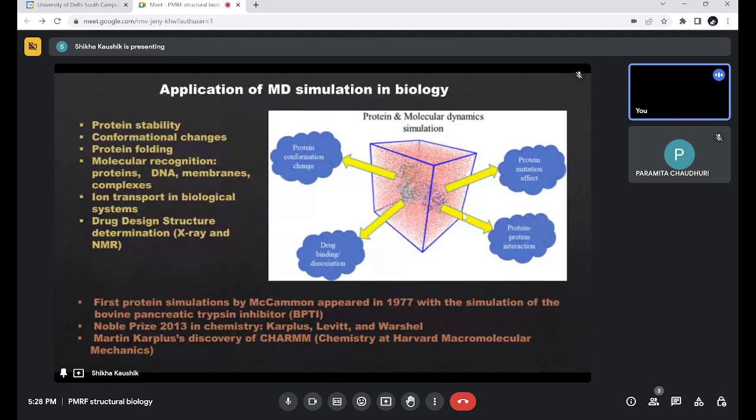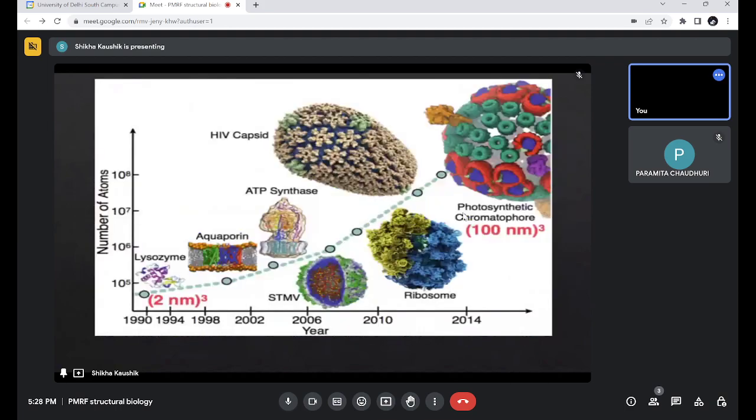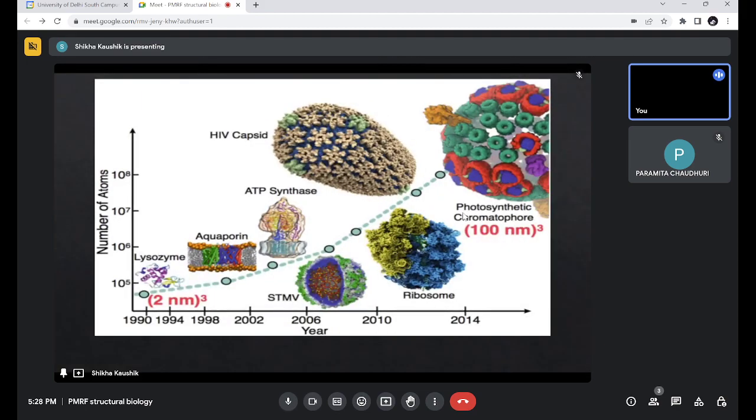They received the Nobel Prize for this discovery. If you visualize this cartoon, it shows how we have achieved the ability to visualize structures at a very small size.